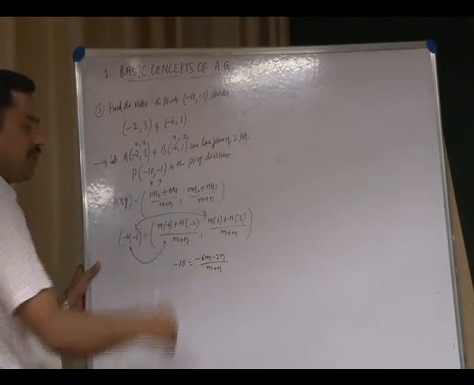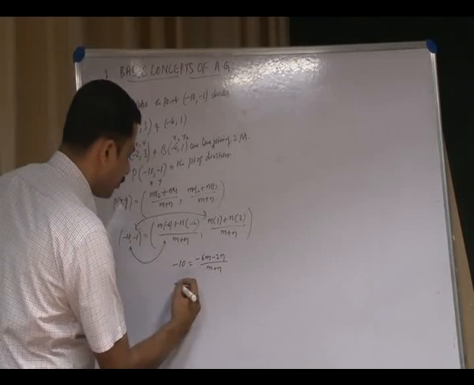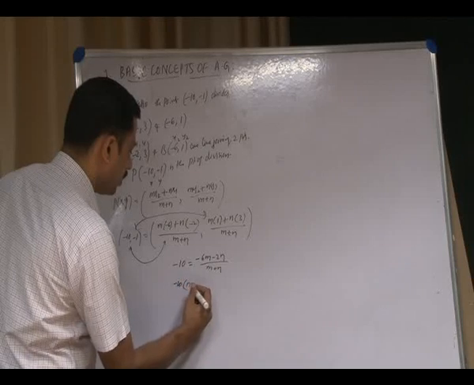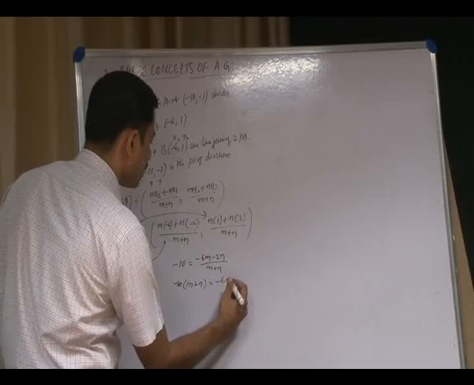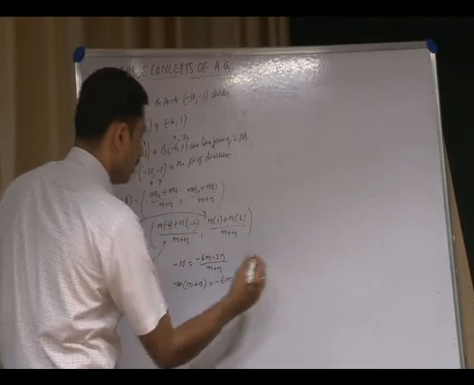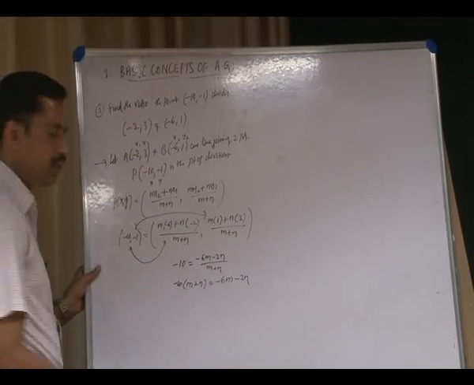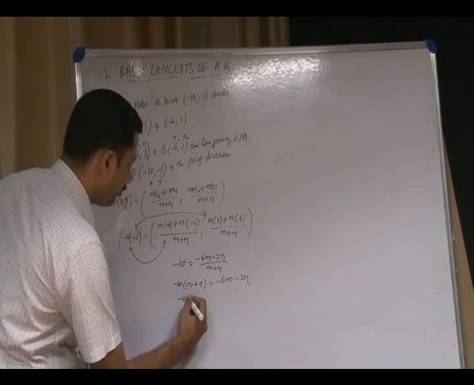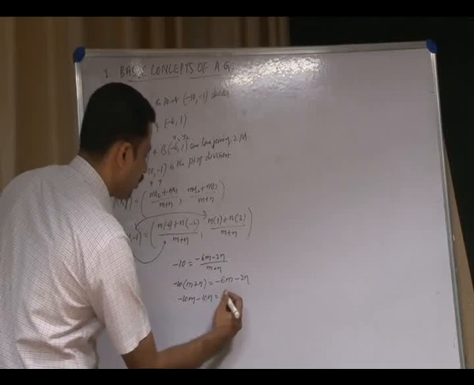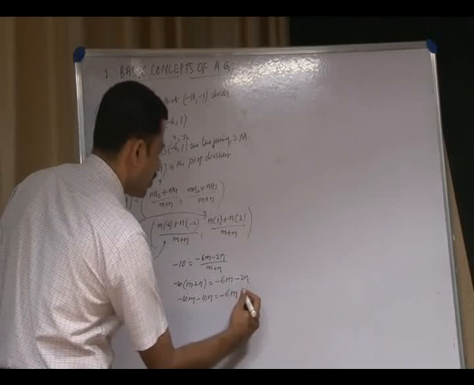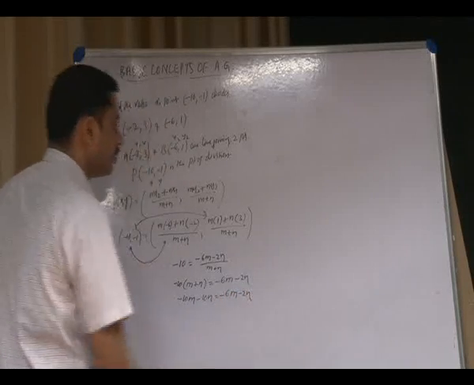So, by cross multiplying we can write minus 10 into m plus n is equal to minus 6 m minus 2 n, or multiplying by minus 10 you can write minus 10 m minus 10 n is equal to minus 6 m minus 2 n.